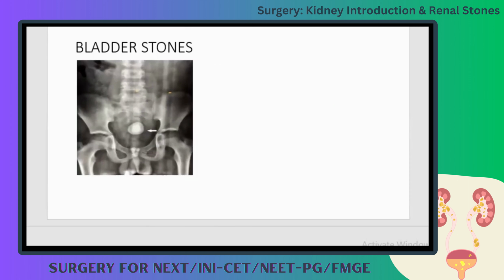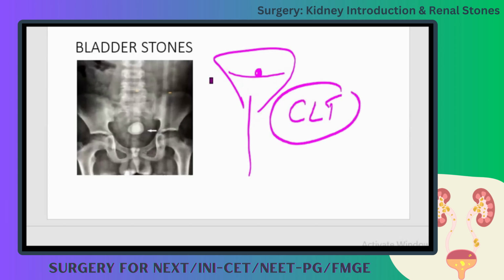Very good. Earlier days, it was open. Suppose this is the bladder stone, we had to open it and remove the stone. But nowadays, we put a scope from inside, we break the stone. This is known as cystolithotripsy, CLT. We put a scope from the bladder inside and break it.